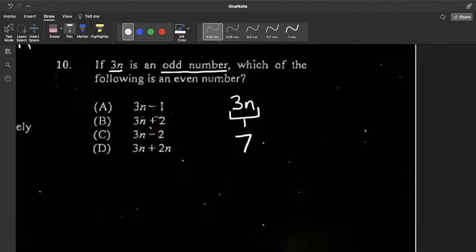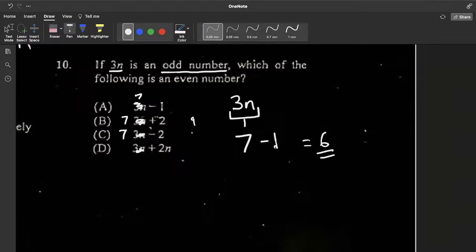So 7 take away 1, because now we are just saying that all of these represent 7. If we say 7 take away 1, we'll end up with 6, which is an even number. If I said 7 plus 2, I'll end up with 9, which is not an even number.